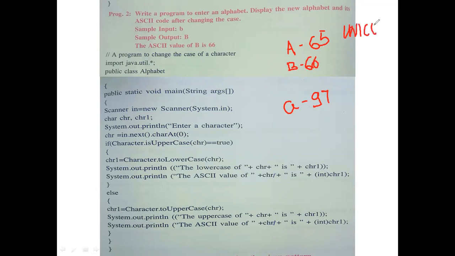Unicode means universal coding. This Unicode consumes 2 bytes of space. Java supports Unicode. To store a character in Unicode format, it needs 2 bytes. So when you declare a char variable in Java, it consumes 2 bytes, not 1 byte.